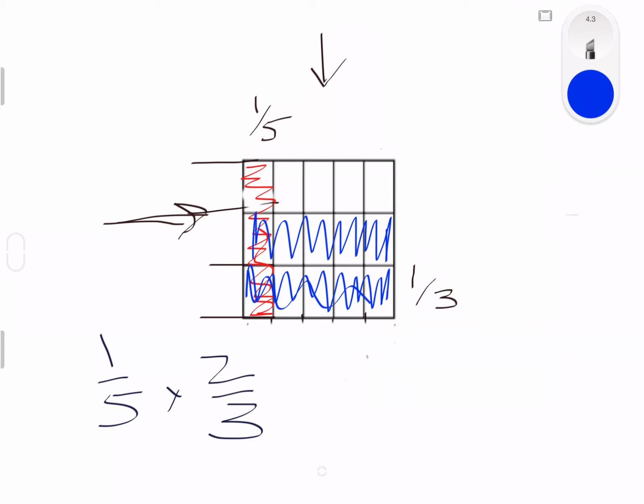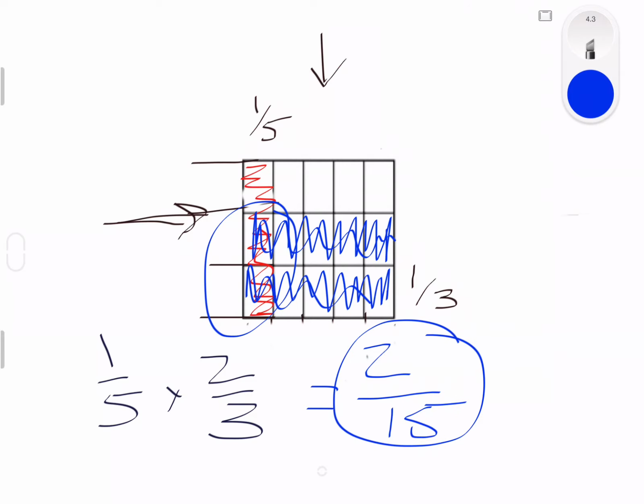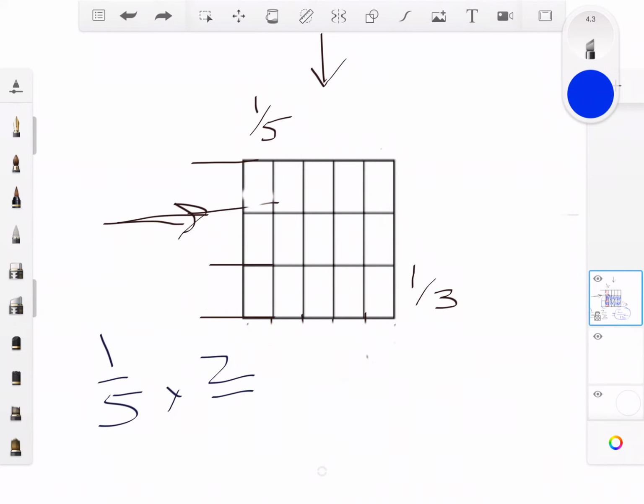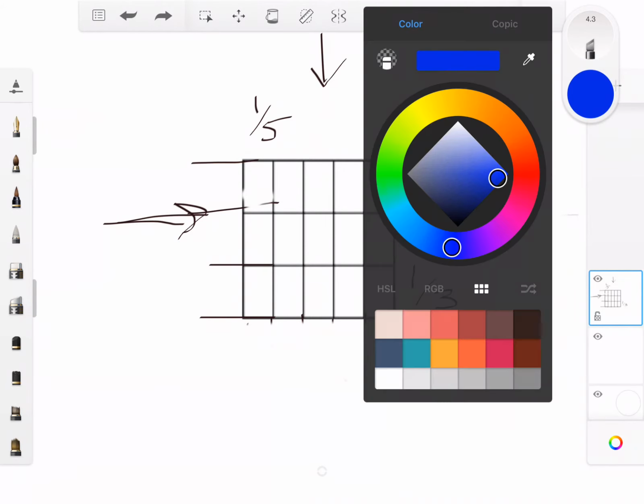That is 2/3 of the whole colored blue. We see that there are 2 squares, double colored, both red and blue, where they overlap, out of still a total of 15. So the equation 1/5 times 2/3 can be modeled with, what is it, Connie? Olivia. Connie comes later. This one is Olivia's model, and it can show a picture of letter C.